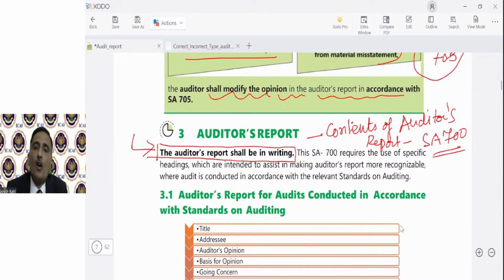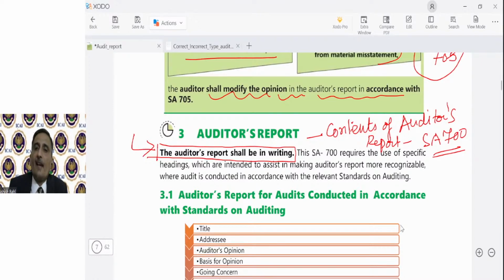So the auditor expresses his opinion by means of an auditor's report, which has to be written.